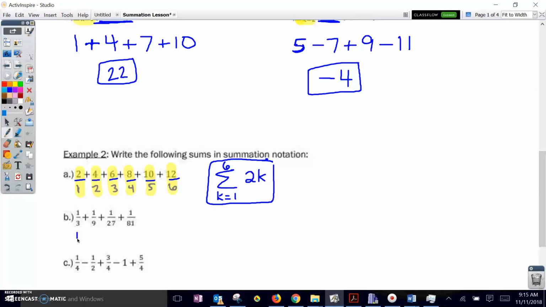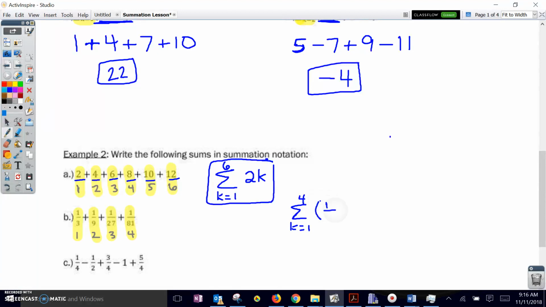All right. I'm going to number my terms here. 1, 2, 3. There are 4 terms. So if I write my summation here, this is going to be the sum from k equals 1 to 4. And then I have to ask myself, what am I doing to k in order to get each of these successive terms? And there are a bunch of different ways that I could write this expression.